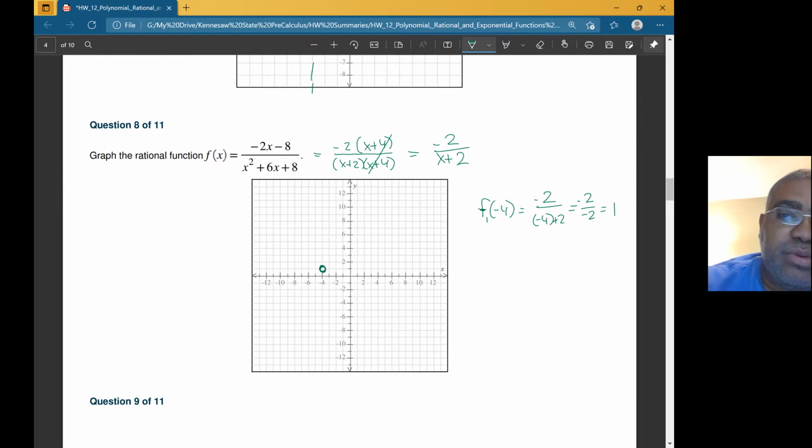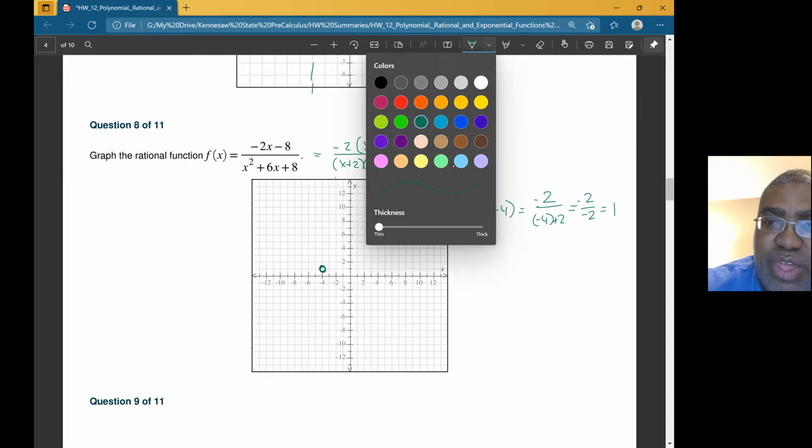Okay, so new function, vertical asymptote, x is equal to negative 2, based upon what makes this equal to 0. Let's make this a little thicker, and let's make it red.